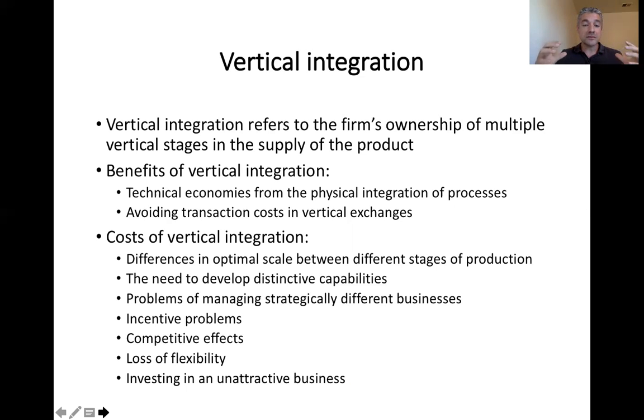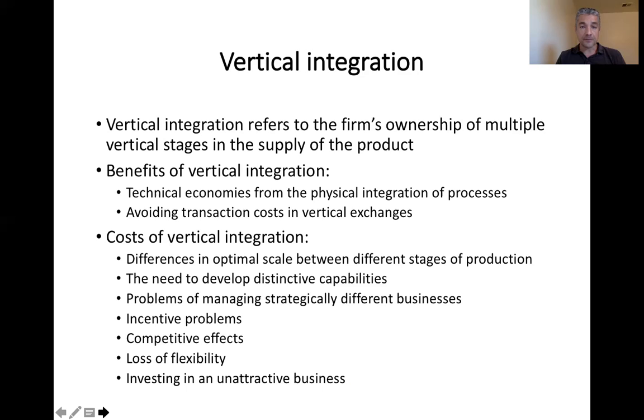So this optimal scale and the different costs associated with managing vertically integrated entities are a very serious impediment to how far you can grow your business by integrating it along the value chain continuum.